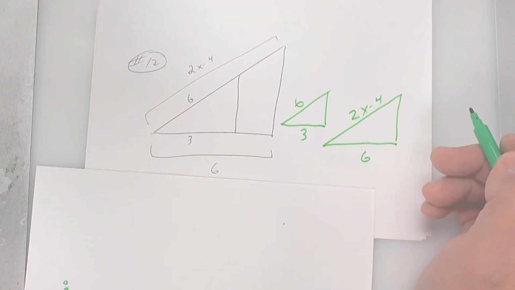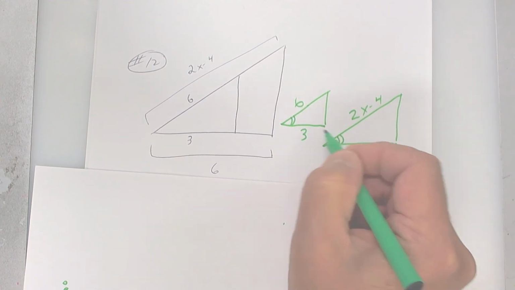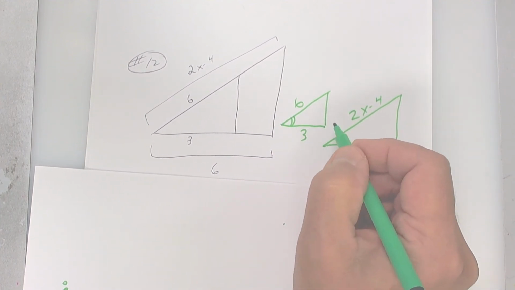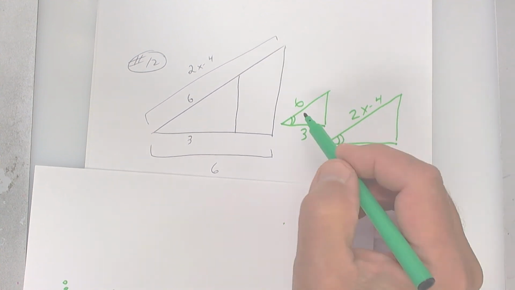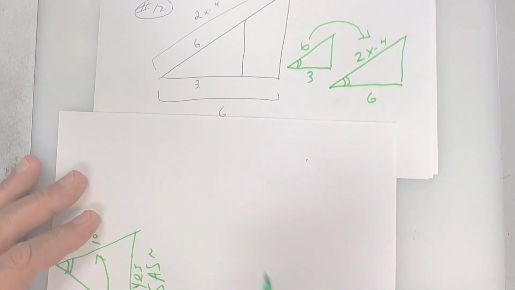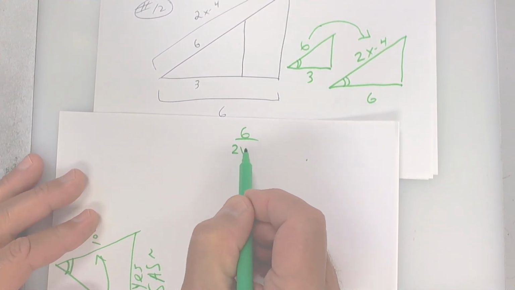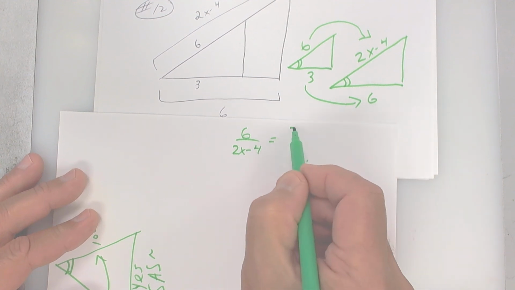Okay? Now they both share this angle, so we're shooting for side angle side. And actually, they tell you that they're similar. So we're going to put the slant over the slant. So we're going to put 6 over 2x minus 4 and set that equal to 3 over 6.